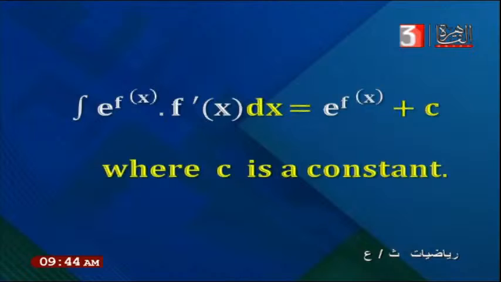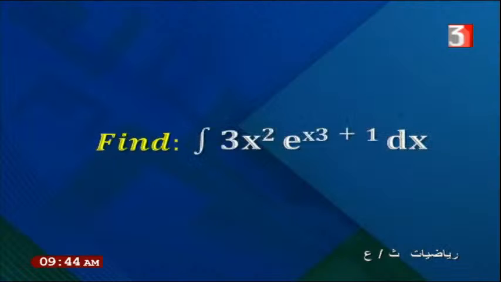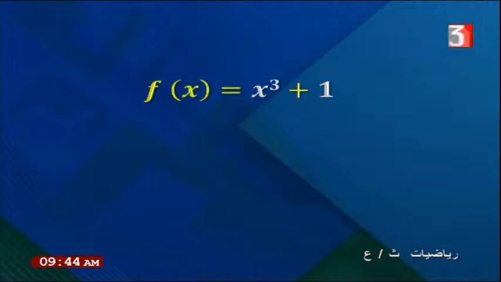Now let us move to the next example. Find the integration of 3x power 2 times e power x power 3 plus 1 dx. The function f of x equals x power 3 plus 1. X power 3 plus 1 is the power of e.